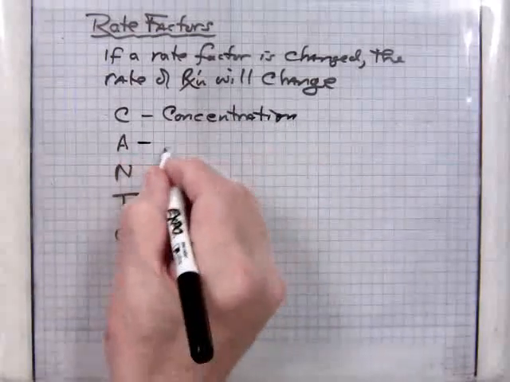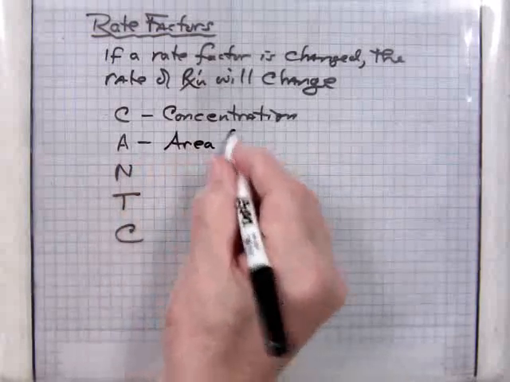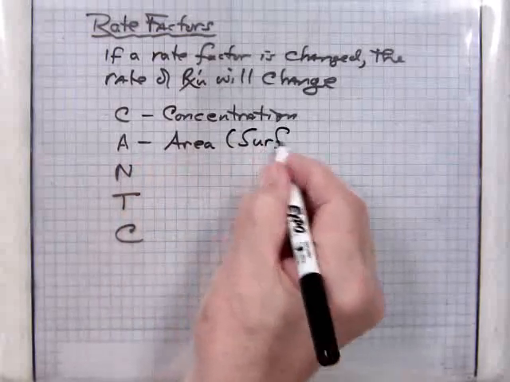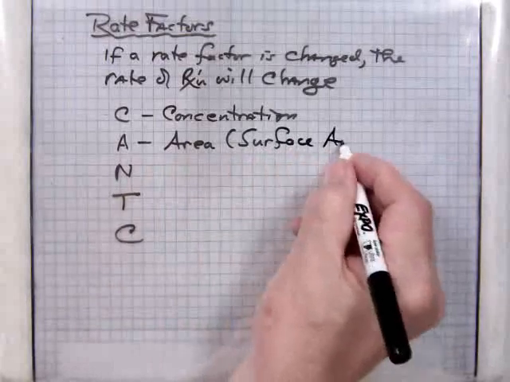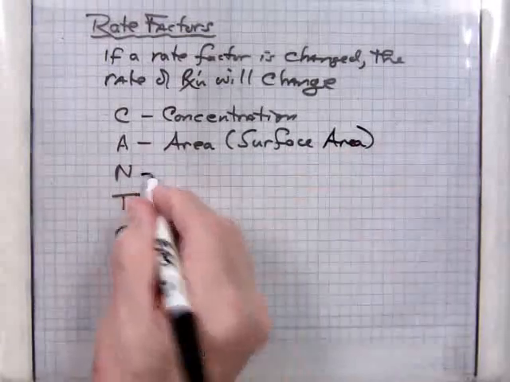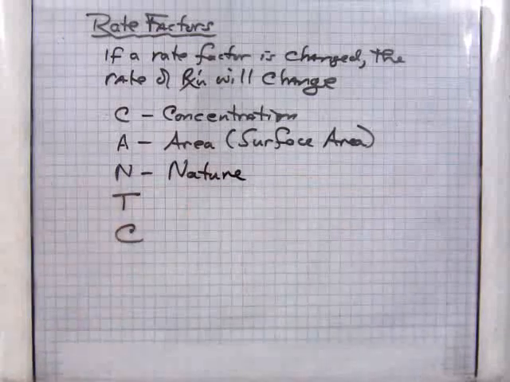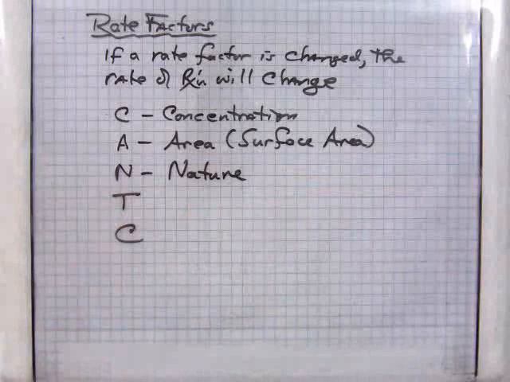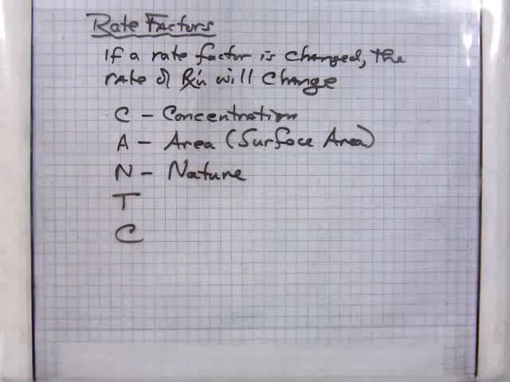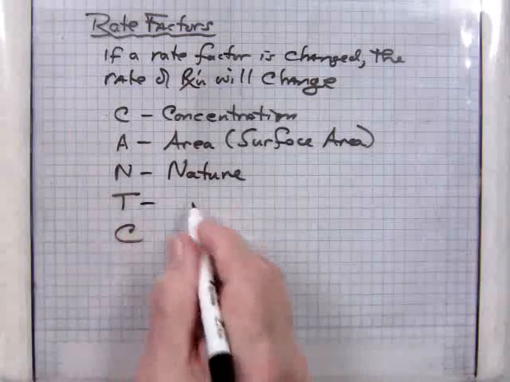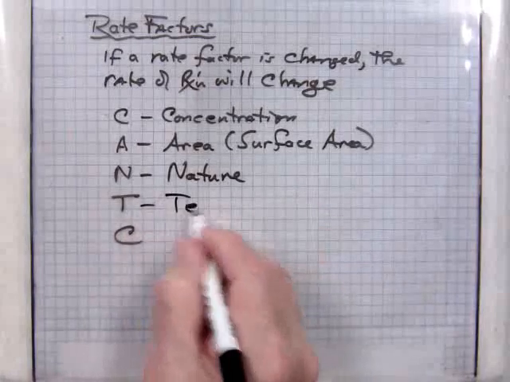A is area, that is surface area. N is nature. You change the structure of a molecule, you will change its rate, and we'll do a demo on that next week. Then temperature and energy.